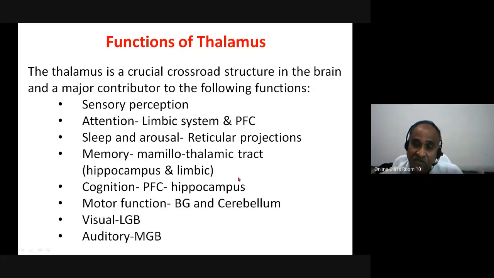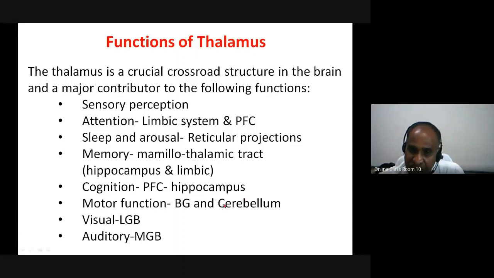So in one word, the cortico-basal ganglia cortical loop, that is the motor function it performs. So that means premotor cortex gives it to the basal ganglia. From the basal ganglia, it is processed and given to the thalamus, and from the thalamus back to the motor cortex for performing an action.